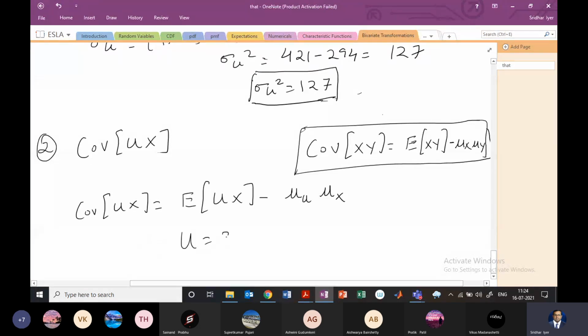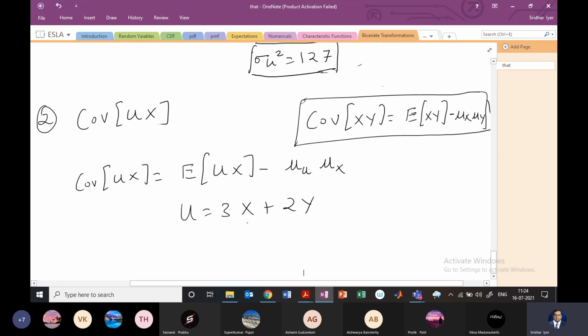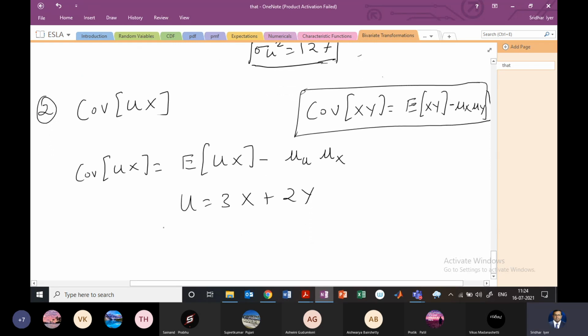Now we know that u is 3x plus 2y, right? Therefore, if I have to calculate mu u, it will be E of u, which will be E of 3x plus 2y, right?